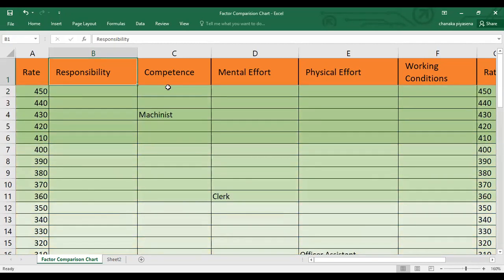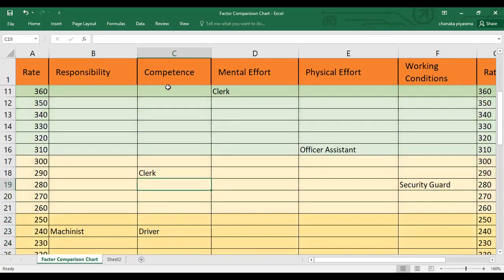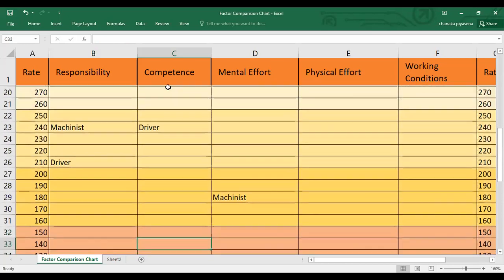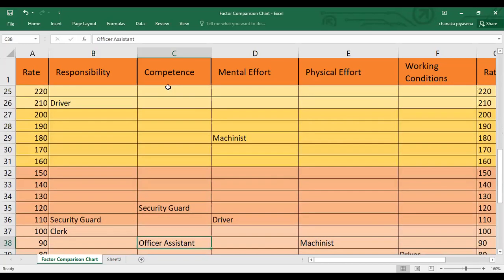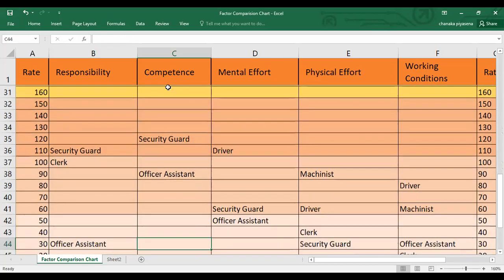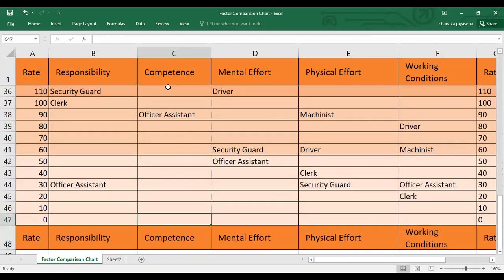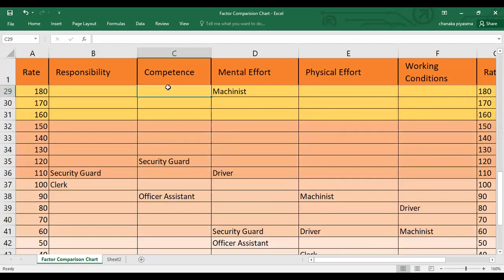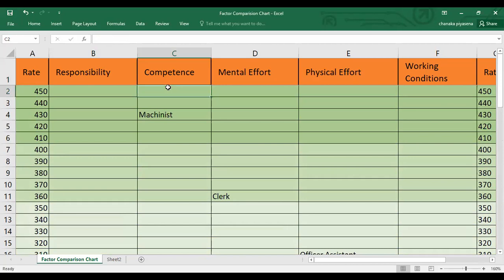Then the next factor is competence. This is machinist and clerk, driver, and security guard and office assistant. Based on the second factor, that is competence, there are 5 jobs we can locate in the factor comparison chart.